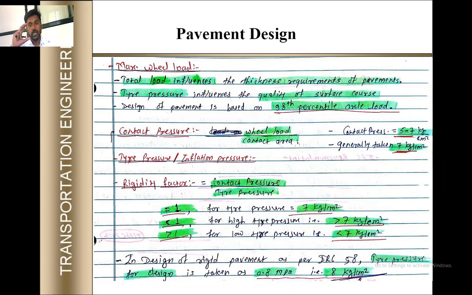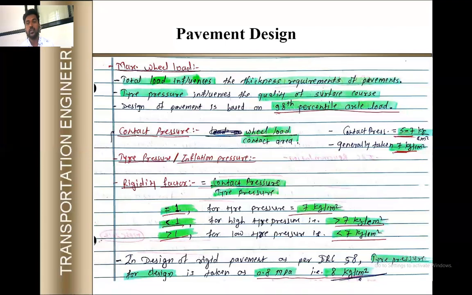So to decide the thickness of the pavement, what is the influence? The wheel load. Whatever the total load of the wheel coming on the pavement, it influences the thickness of the pavement required to be designed. So we need to calculate the maximum load first.